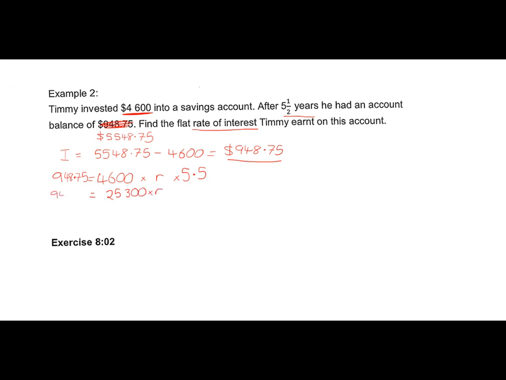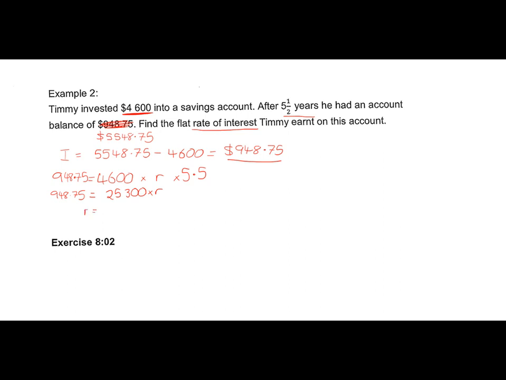So 948.75 is equal to 25,300 times R. So to find out what R is, we are going to need to divide both sides by 25,300. Then that'll cancel out the multiplying by 25,300 that we've got on the right hand side.